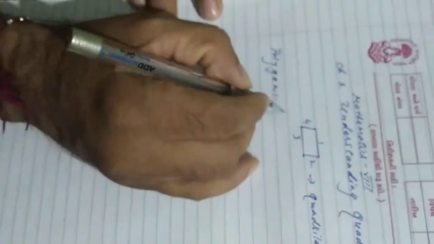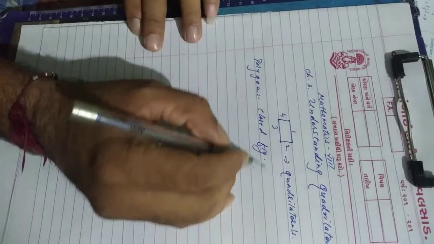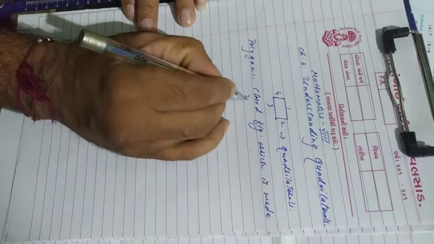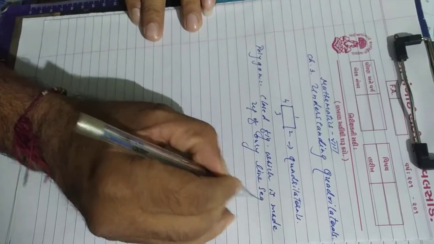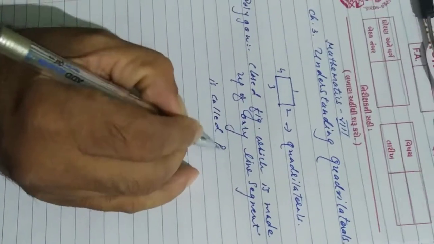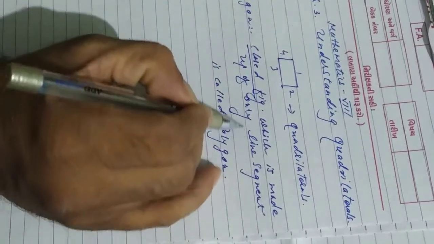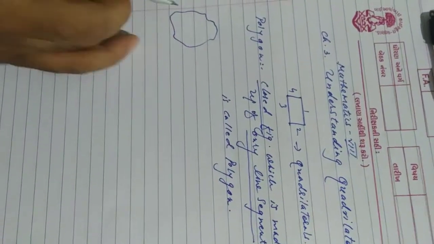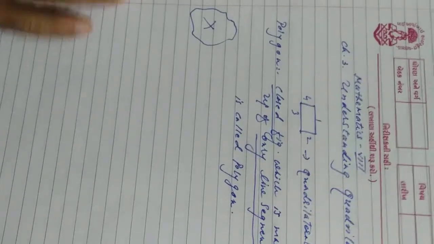A closed figure which is made up of only line segments is called a polygon. A closed figure, but which is made up of what? Only line segments. So suppose we have one closed figure, but it is not a polygon because it has no line segments.